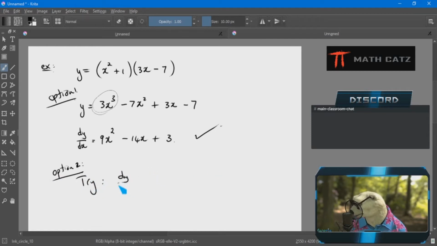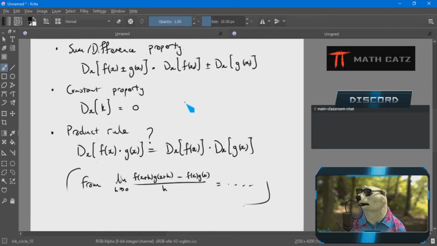and find the derivative by looking at the derivative of the first bracket times the derivative of the second bracket, right? Certainly, if I look at the sum difference property, it's as easy and straightforward as I could have hoped.